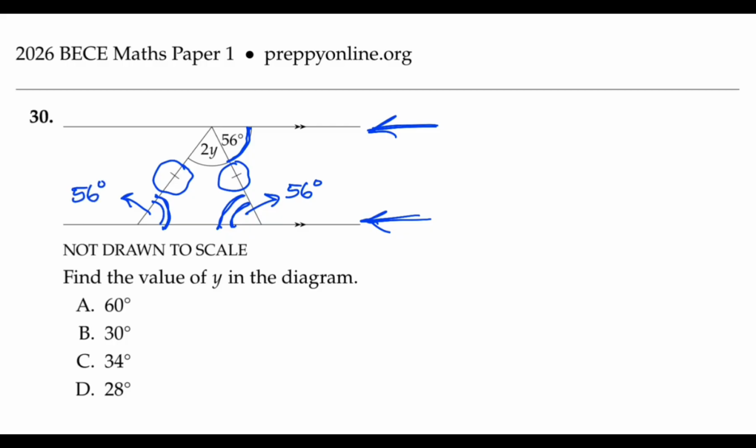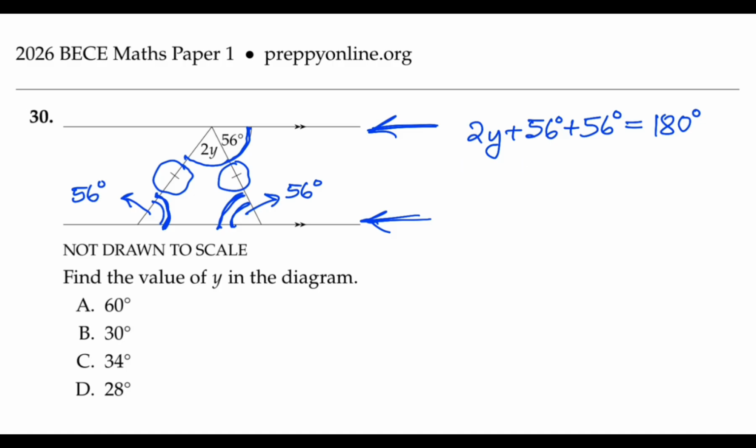So now we have a triangle in which one of the angles is 56, the other one is 56, and the third one is 2y. So we use the fact that in a triangle, the angles add up to 180. So let's write that. We have 2y plus 56 degrees plus 56 degrees, and this is equal to 180 degrees because these three are angles in a triangle.